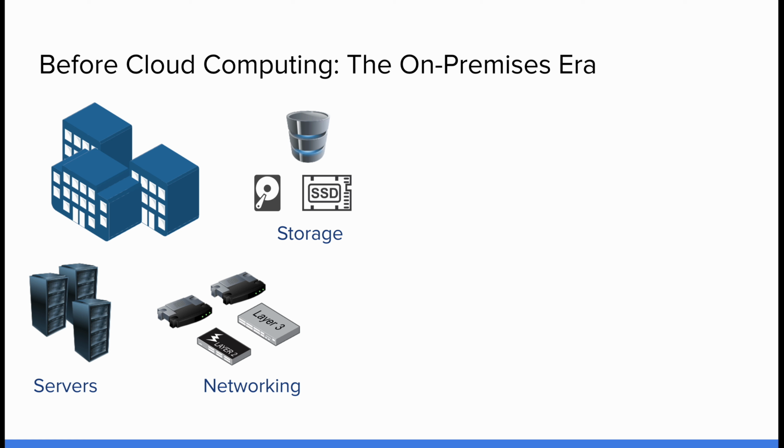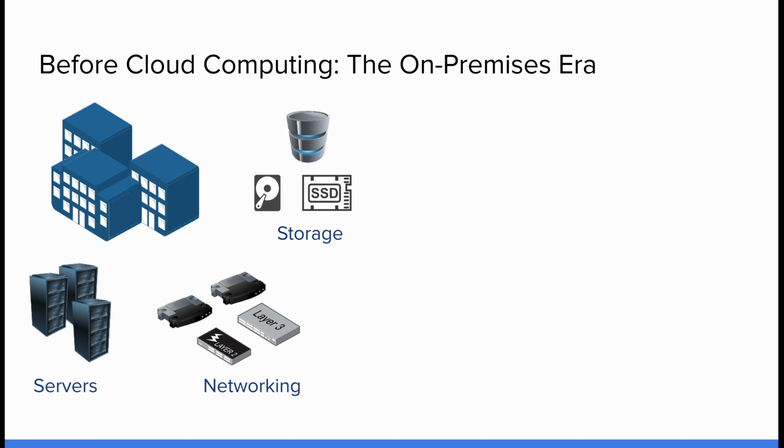On the left, you can see the visual representation of this setup. The building representing the company's data center, and the server racks, storage units, and networking equipment required to keep everything operational. Back then, having your own hardware was necessary because there weren't viable alternatives if you needed to run applications or store data.